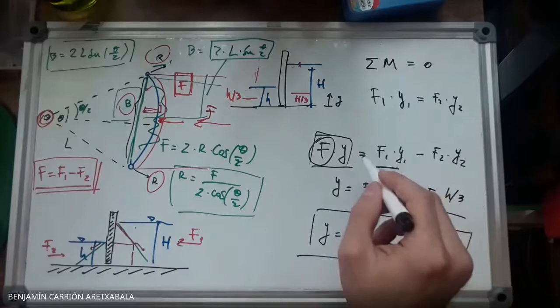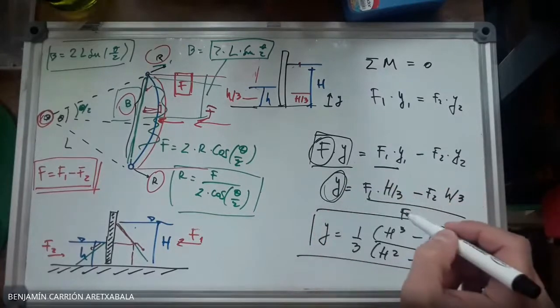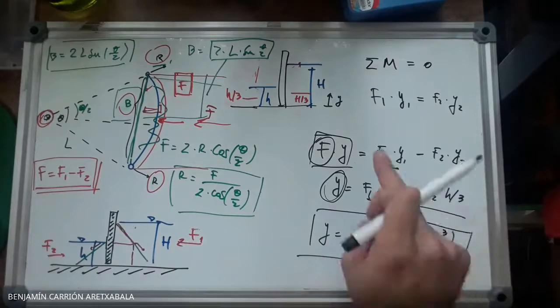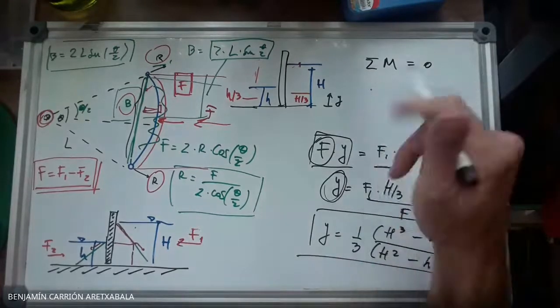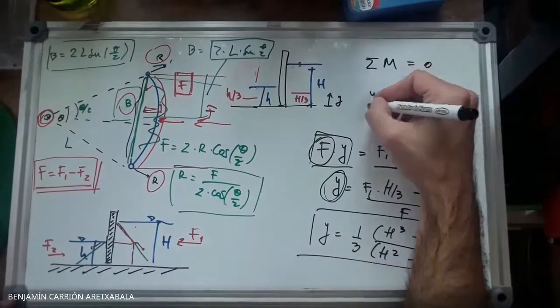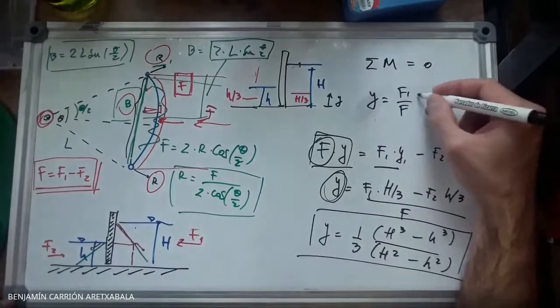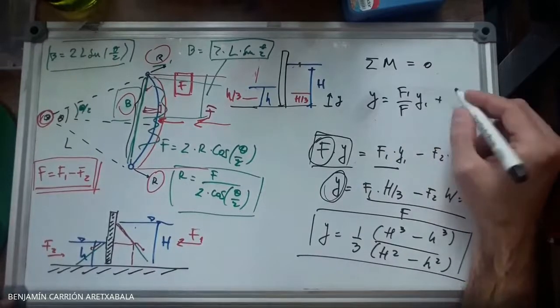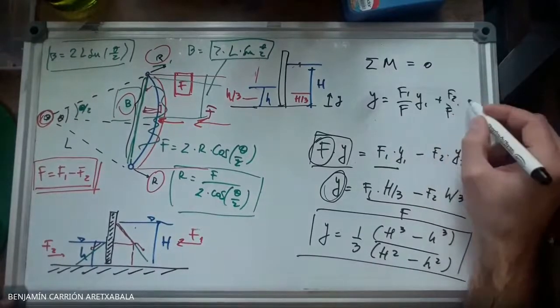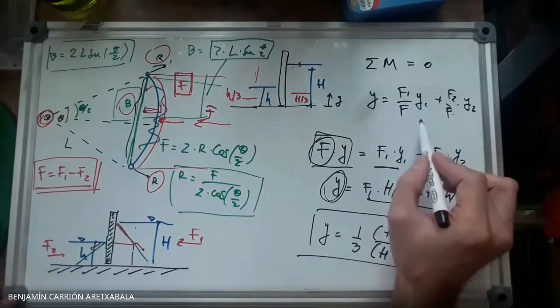Another way to look at this is that Y is F1 divided by F times Y1 plus F2 divided by F times Y2. So this is a weighted average of the two positions.